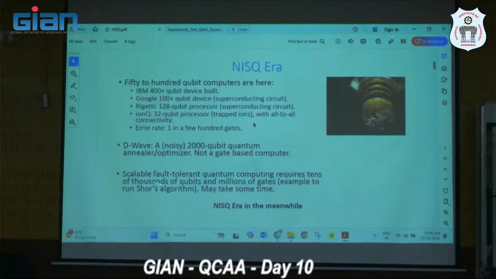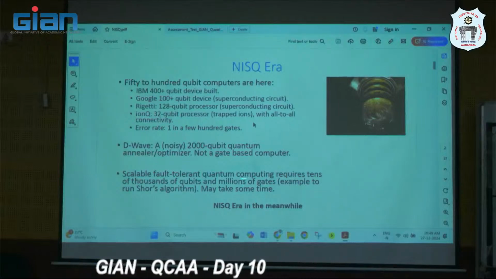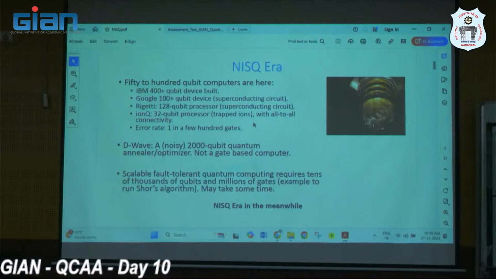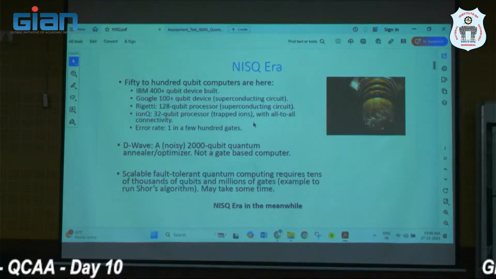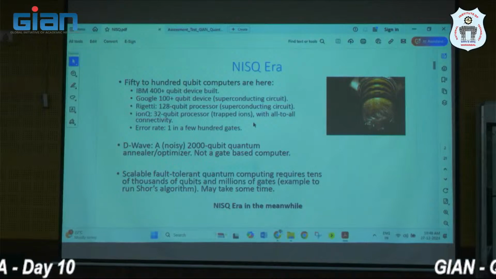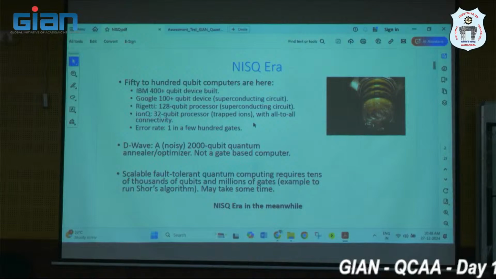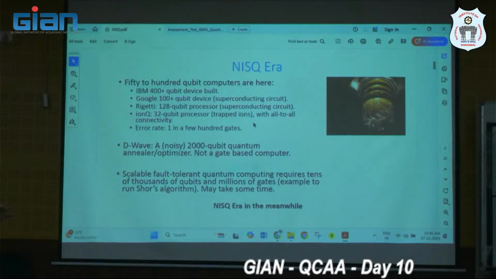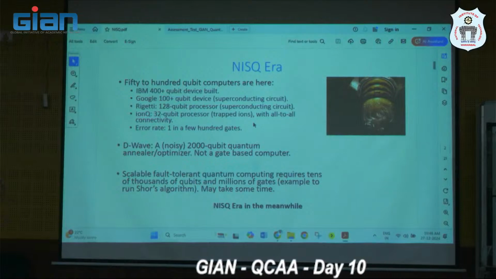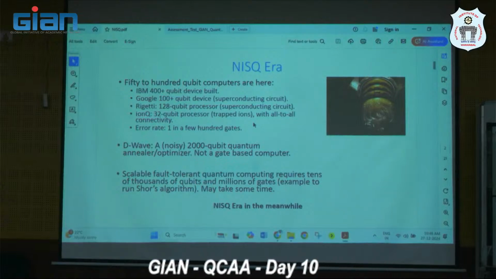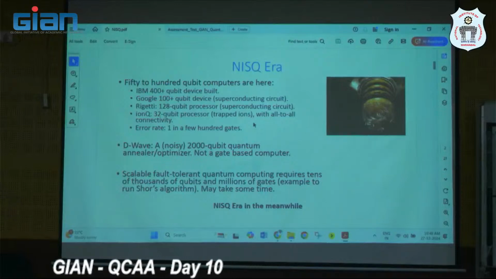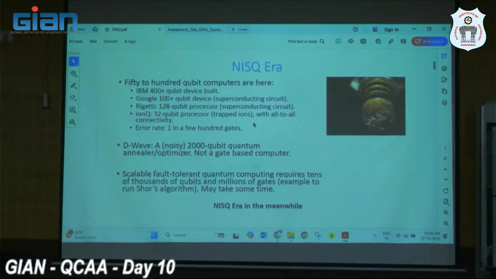So basically, for example, scalable fault-tolerant quantum computing requires tens of thousands of qubits and millions of gates, for example, to run Shor's algorithm. Tens of thousands, because you have to implement error correction. Shor's algorithm we cannot hope to implement without error correction. There will be a lot of peripheral qubits, a lot of peripheral gates, tens of thousands, millions of gates.